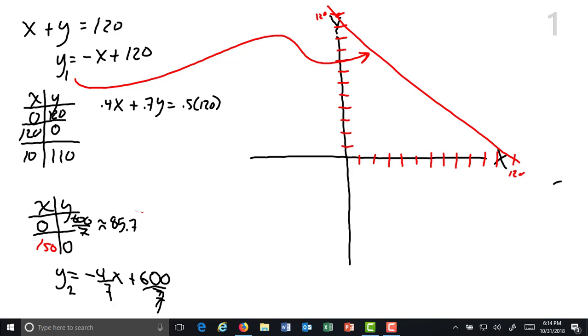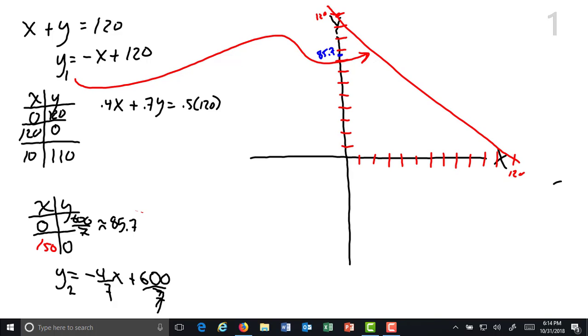Now, for this other guy, when x is 0, y is about 85. 10, 20, 30, 40, 50, 60, 70, 80. About right here. About 85.7. See it?